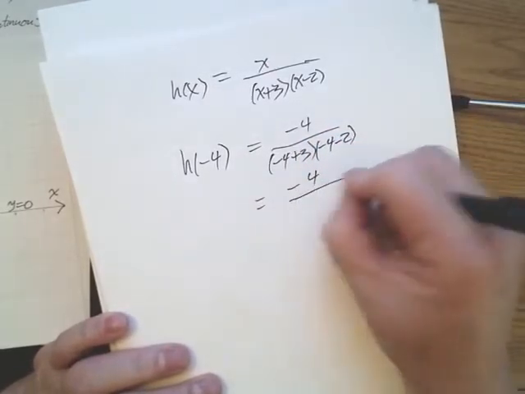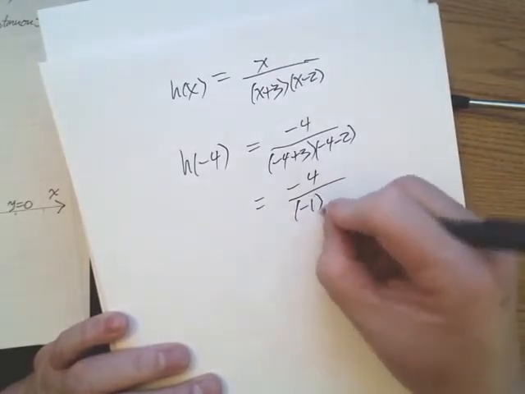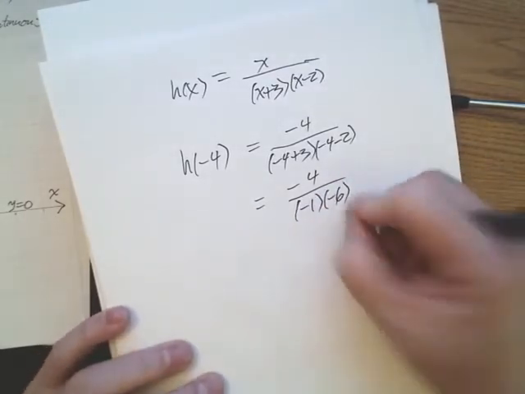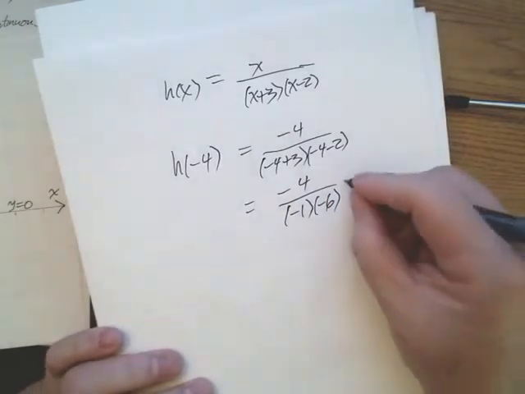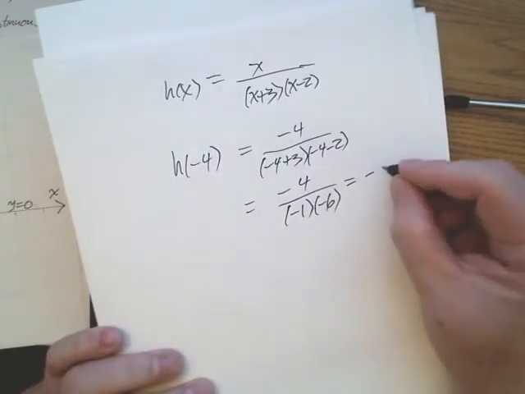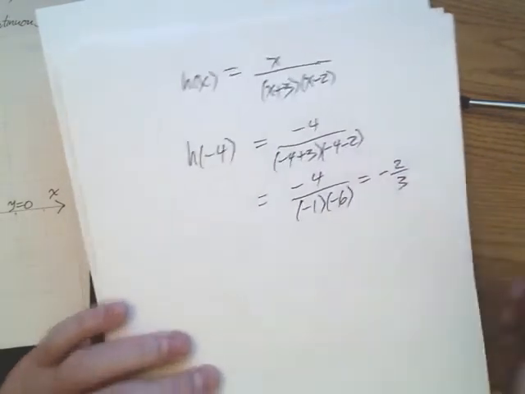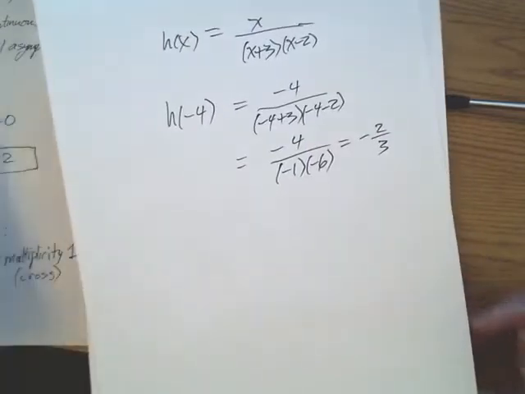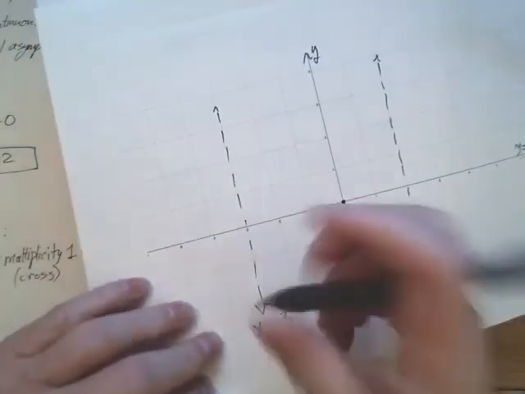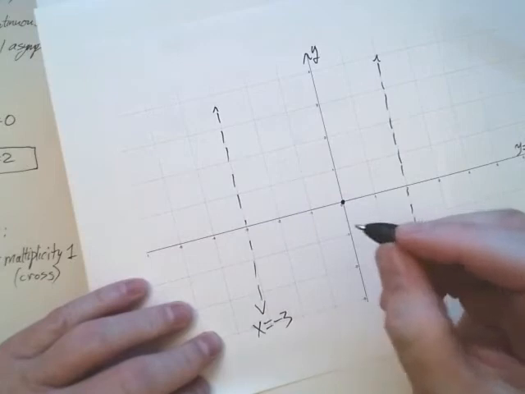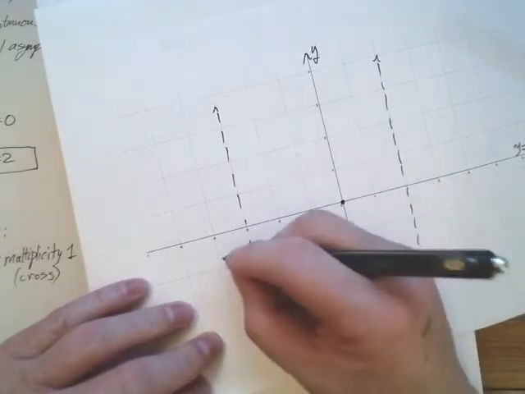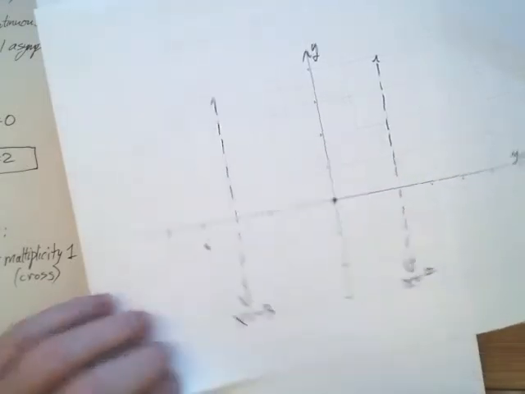That'd be -4 over -1 times -6. So that would be -2/3, actually, wouldn't it? I don't know how good this is going to look, but let's say that's that point right there.